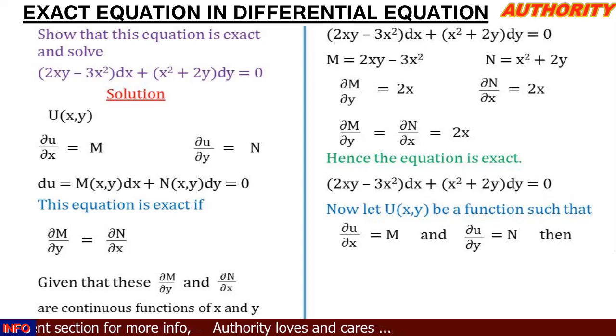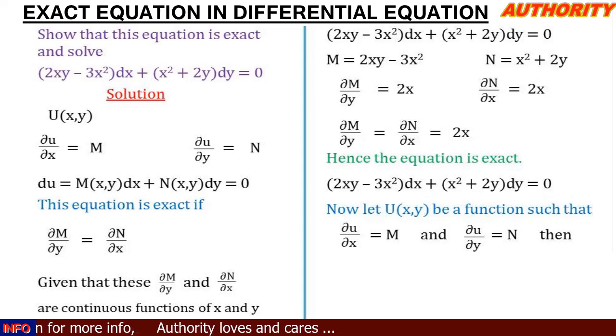This is the function we are trying to figure out. Let's assume that there is a function, and the partial derivative of this function with respect to x gives us m, and with respect to y gives us n. You get, right? Good.